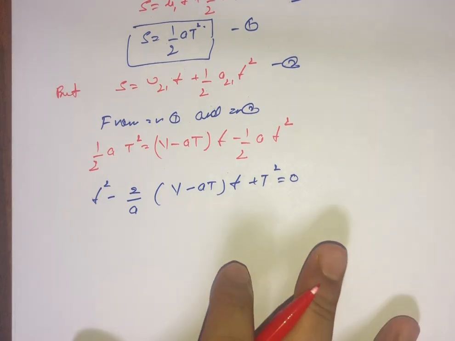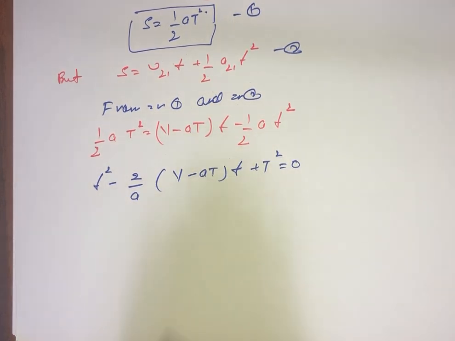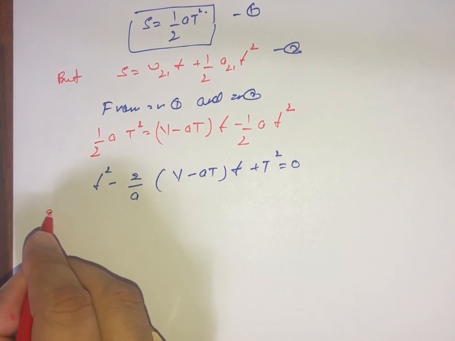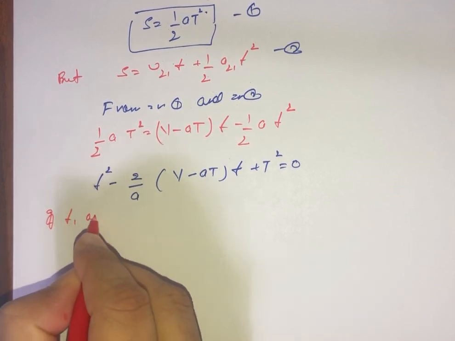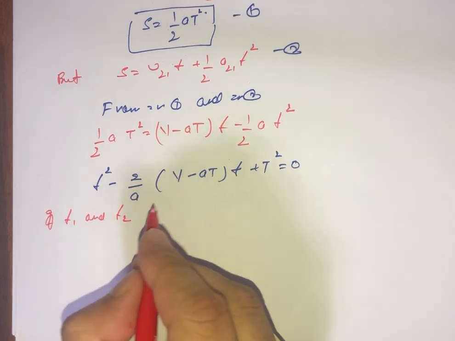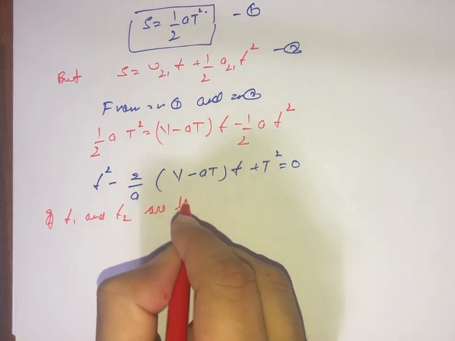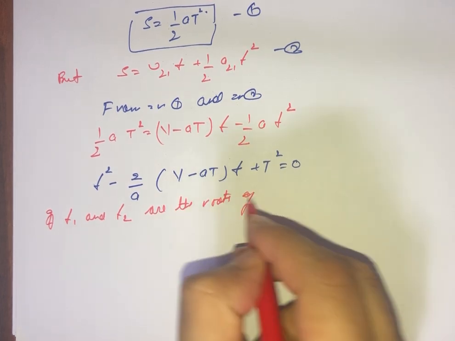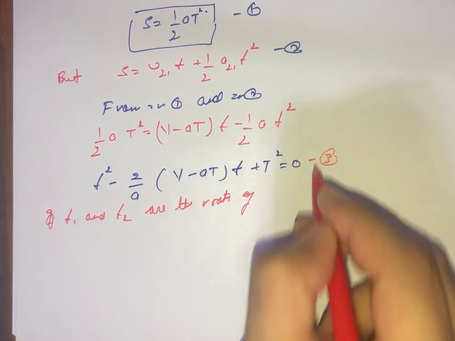And we assume that t1 and t2 are the roots of this equation, let us call it equation 3.